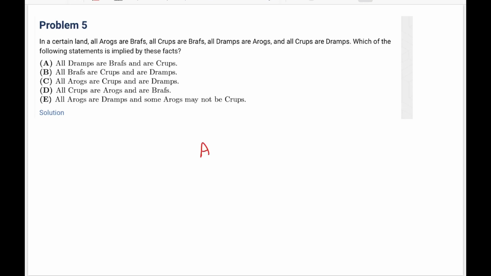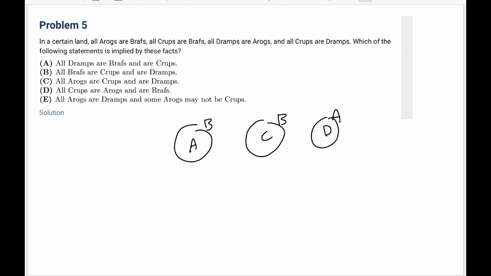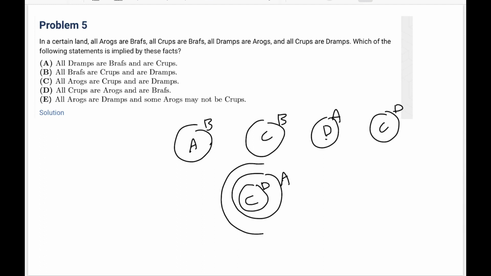So fitting these two together, we get crops and drams, and then fitting this together, this is drams and arrows, and we put in this here, and then we get breaths, and breaths are the biggest.